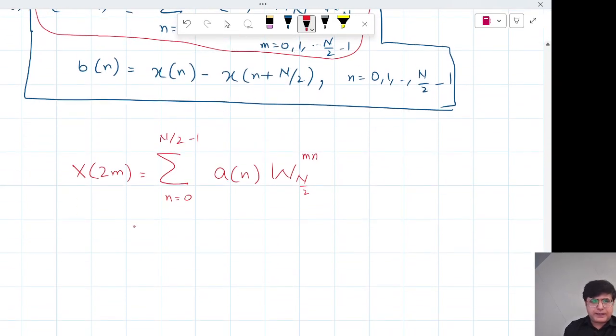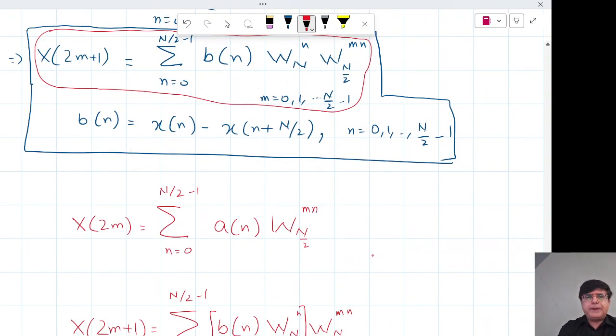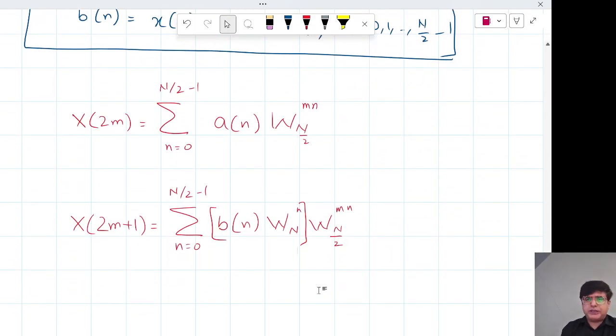Similarly, I have x of 2m plus 1 equals the sum, n goes from 0 till N/2 minus 1, b of n times w subscript N to the power n times w subscript N/2 to the power mn. Let me just combine these two expressions. I just copied this entire thing over here. That's it, nothing fancy, right? Where for both of them this m goes from 0, 1 up until N/2 minus 1.